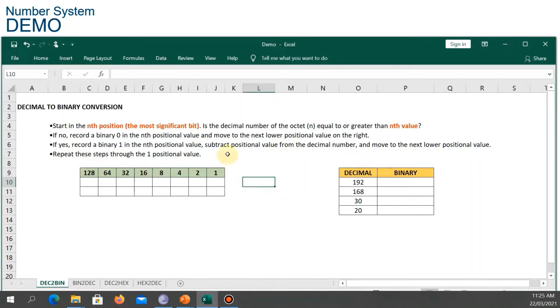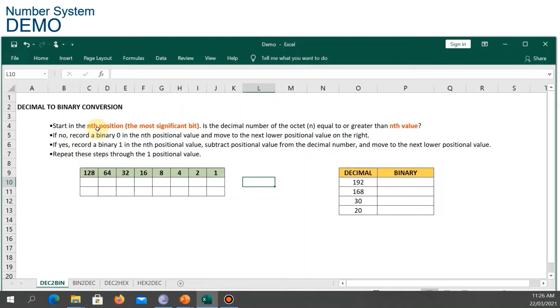So from the video lecture that we had on number systems, we are given this algorithm or procedure to follow to convert decimal to binary. So let's state first the algorithm. Start in the nth position or the most significant bit. Is the decimal number of the octet n equal to or greater than the nth value?